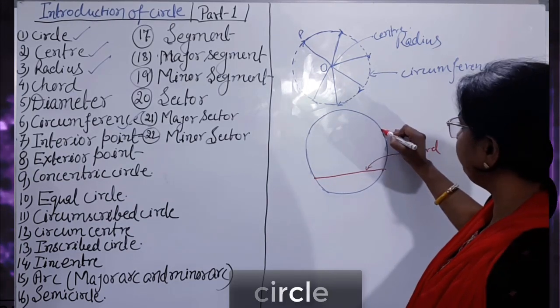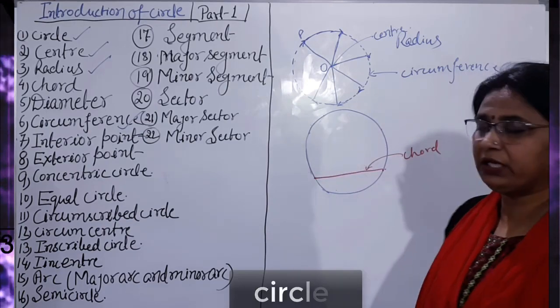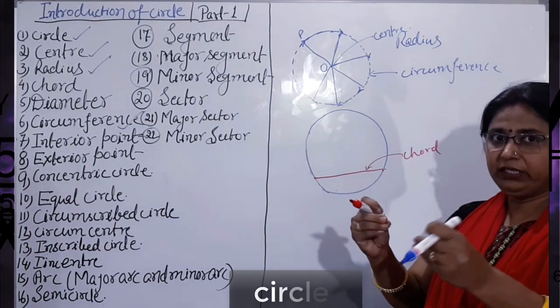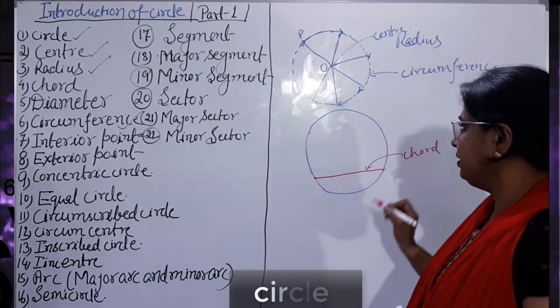We can join from there also, like this also. Any 2 points of circumference, joining them, then this line segment is chord.